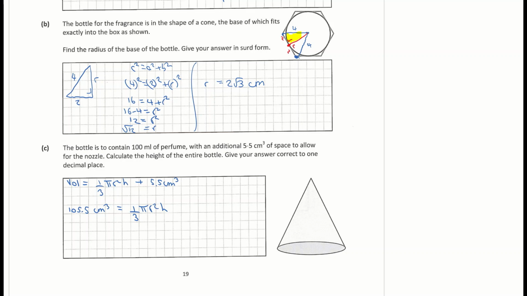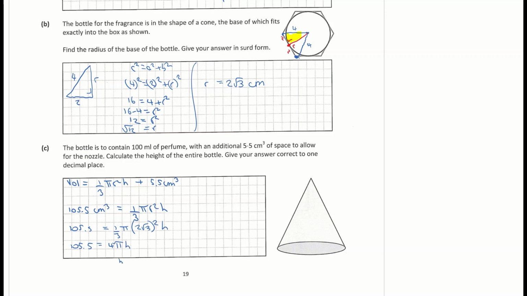Well, we can actually fill in my radius. So it's 105.5 is equal to 1/3 pi, radius is 2 root 3. Squaring that and timesing it by h. That'll give me 105.5 is equal to multiplying the third by 2 root 3 squared gives me 4 pi h.